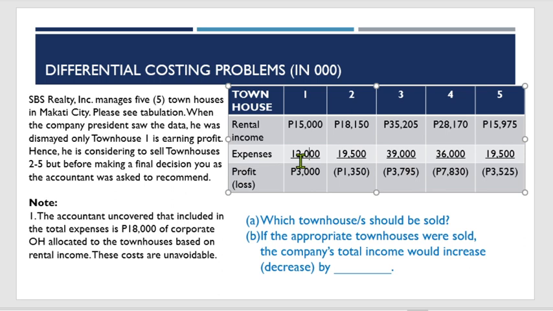It will increase by 4,291.8. Just add the negatives you computed for Townhouse 4 and Townhouse 5, and that is the answer. When you eliminate them, your loss disappears, so income will increase by that amount. I think that ends the discussion on decision making and relevant costing. Thank you.